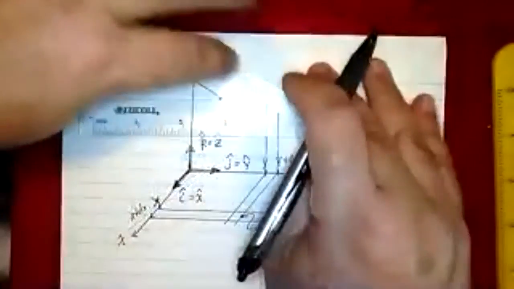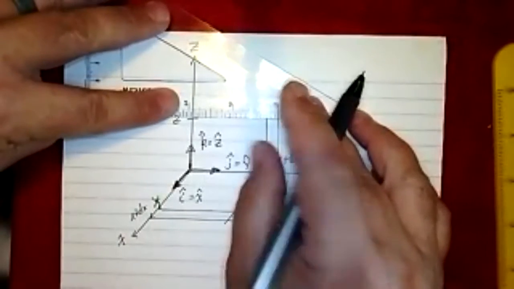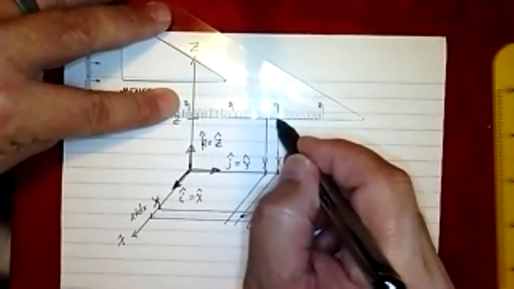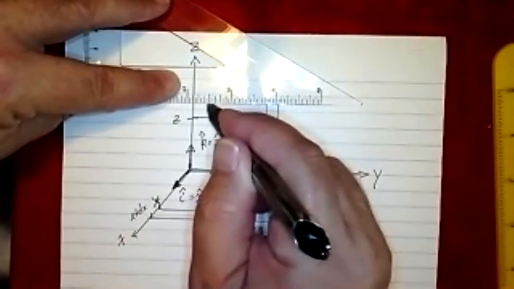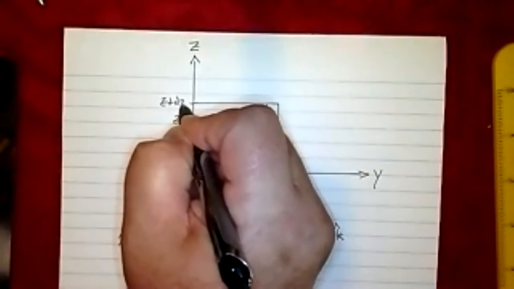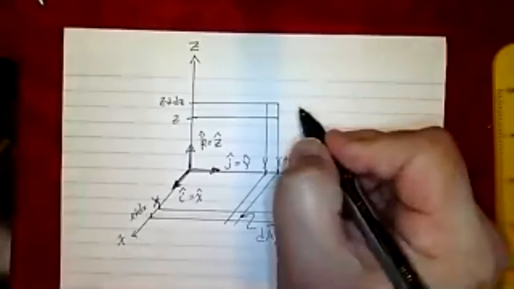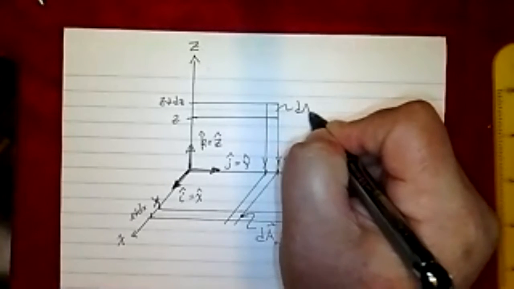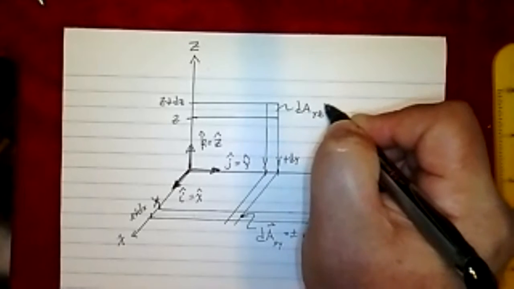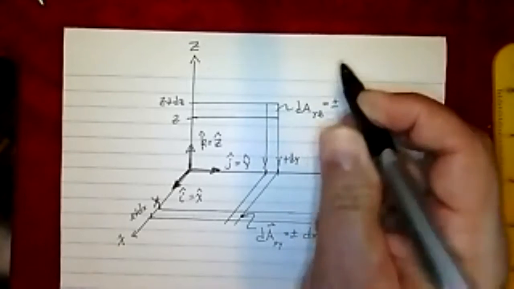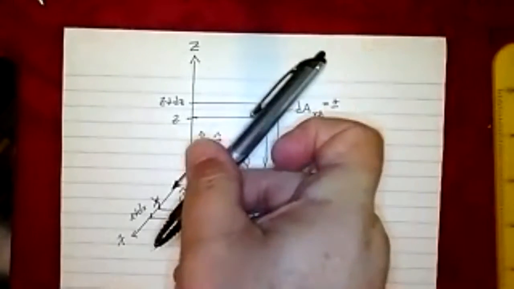If that's the case, then you're going to get a value z, say, that's right here, and a value z plus dz is right here. So you get another area element. That one will be dA, let's call it yz. Again, it's going to have a plus or minus because the direction's arbitrary, but we know it's got to be perpendicular.